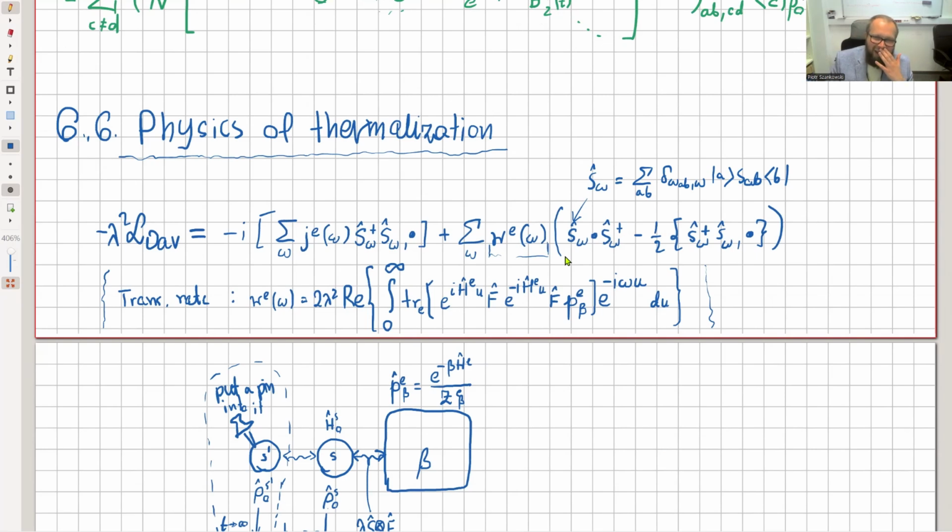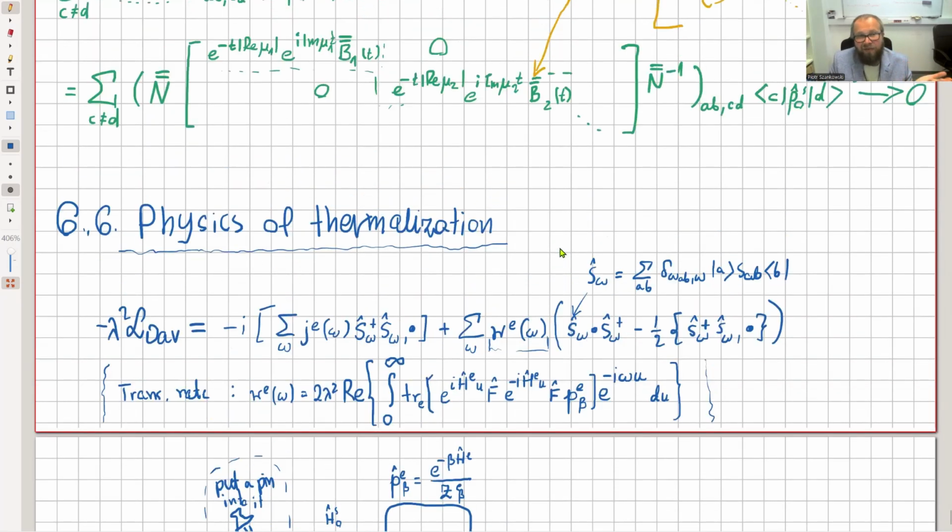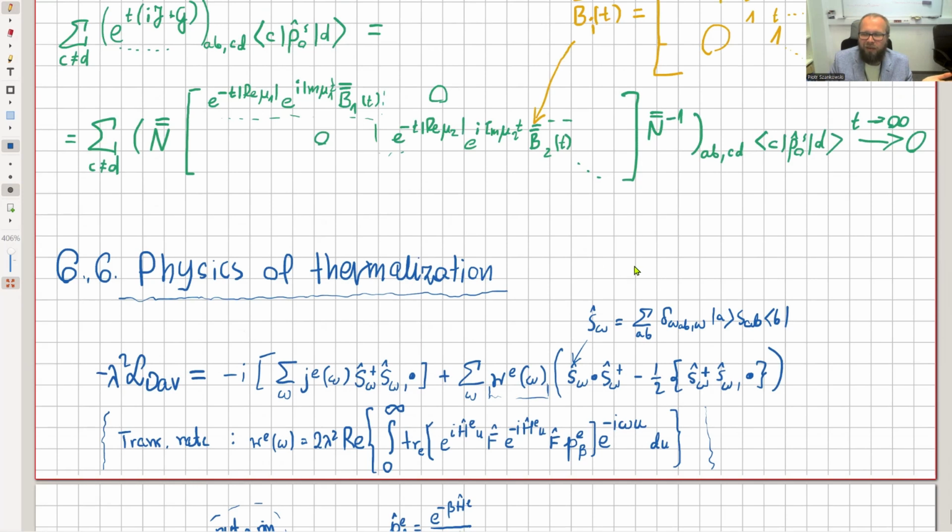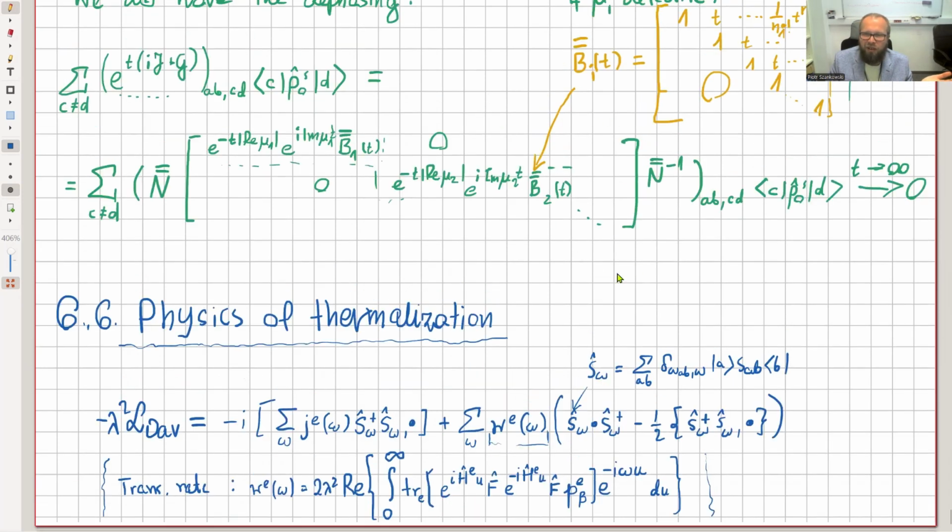And for example, to get a full dephasing, the full thermalization, the full infection, let's say, of the system S with thermalization.